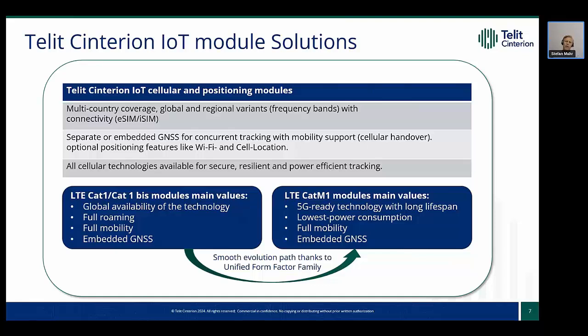While LTE Cat-M is a 5G-ready technology with the longest lifespan from today's perspective. Cat-M has lower power consumption versus Cat1. And Cat-M is very strong in North America, while it's still fragmented in some other countries. So there's no technology better than the other. It depends on the detailed use case and the region.